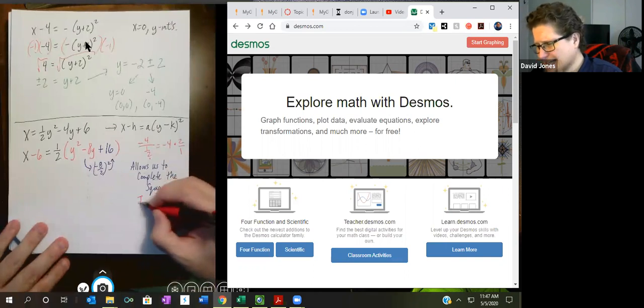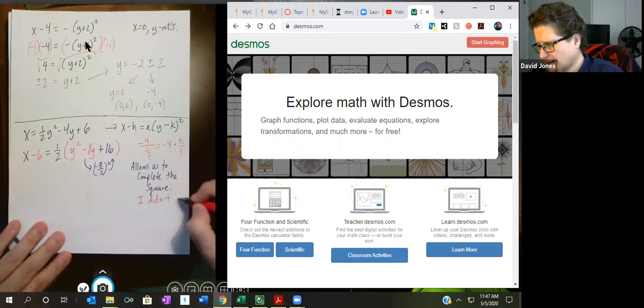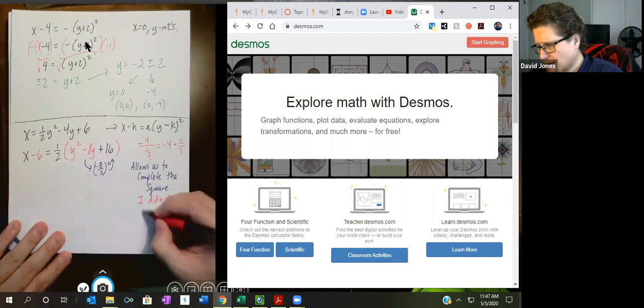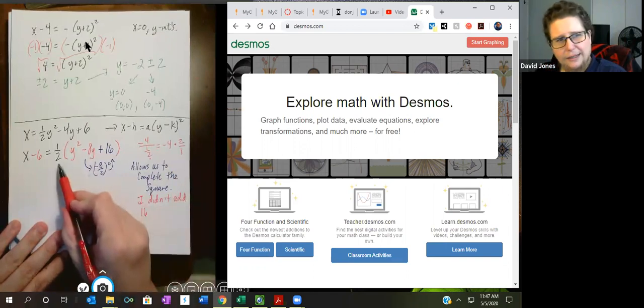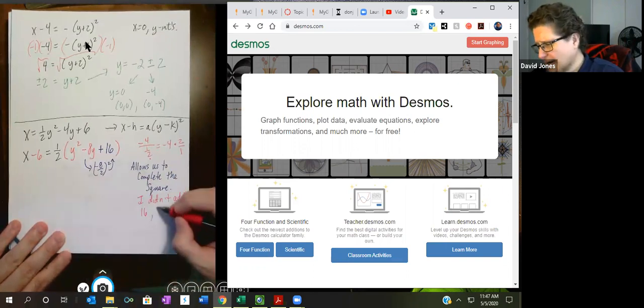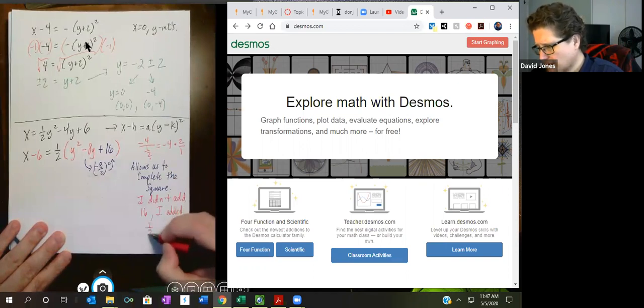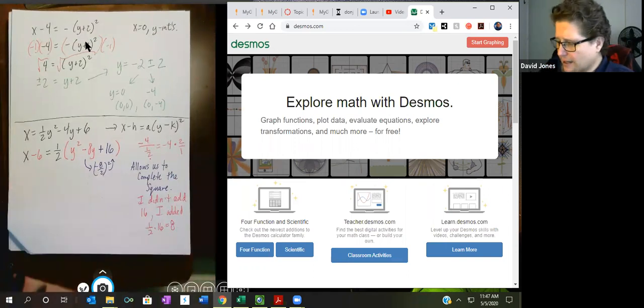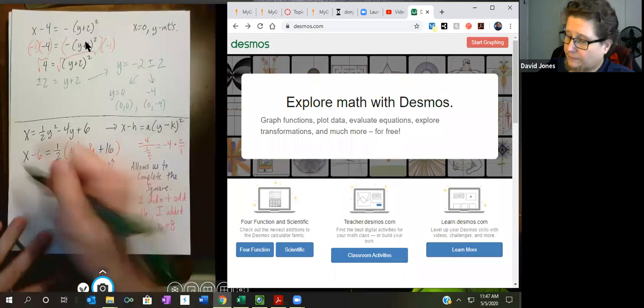I didn't add 16 because of that 1/2 right there. I added 1/2 times 16, which is 8. To make up for that, I'm going to add 8 to the other side.